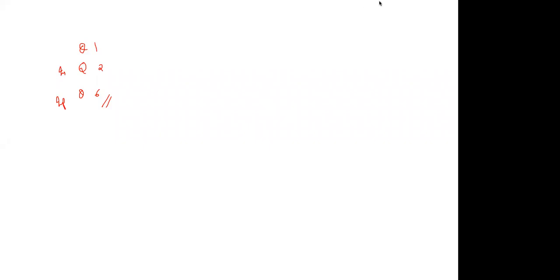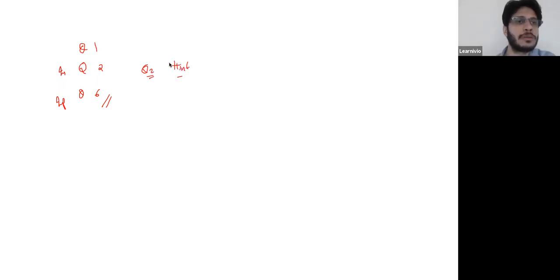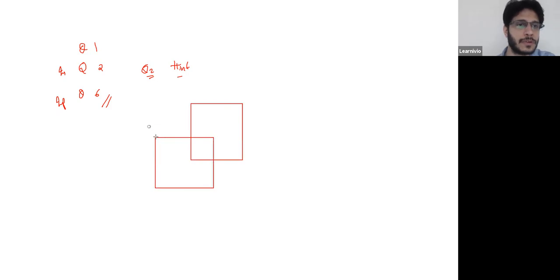By evening I will share the solutions. I'm giving some hints for question number 2. In question number 2, a cube is given and you're supposed to calculate the flux through the cube.